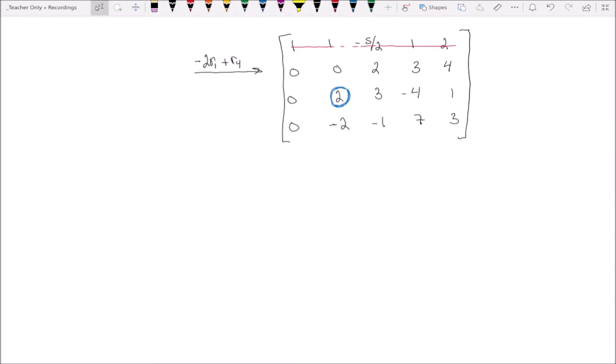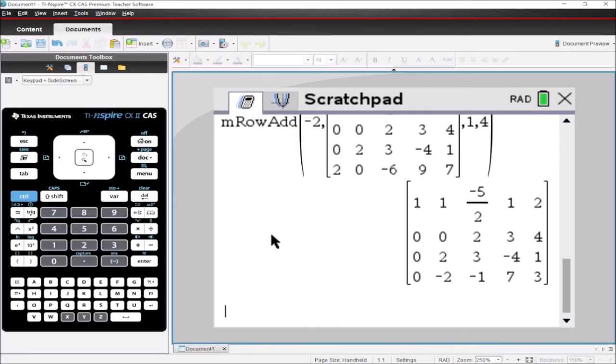Now, what I do is I just keep working with the same matrix. I don't rewrite a submatrix, so I'm going to say we will swap row 2 and row 3. What this does is allow me to continue working with the same matrix in this calculator.